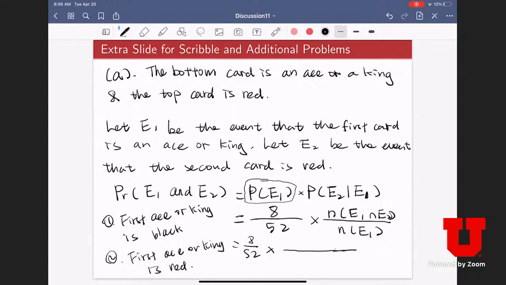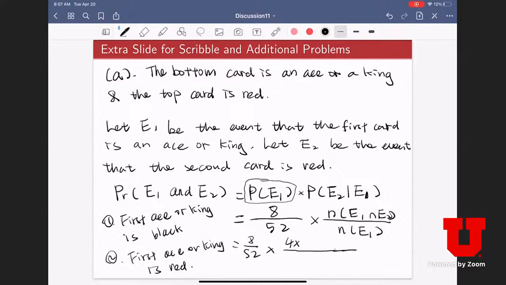Well, no, 51. Well, how many possibilities that the first card is an ace or king, and the first ace or king is black. So that one will just be 4, right?